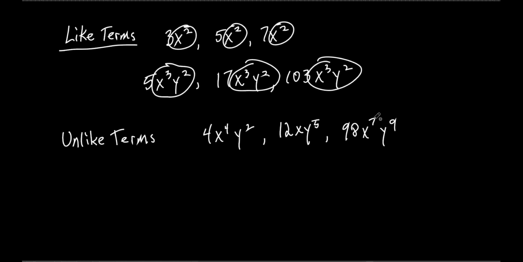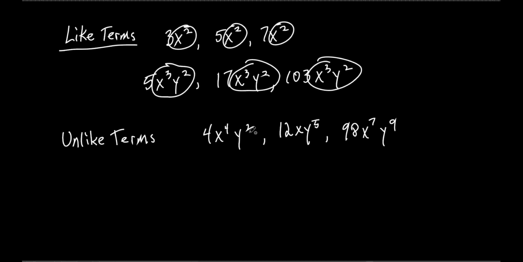They are unlike terms. If your exponents are different, then you're going to have unlike terms. Everybody with me? The 4, the 12, and the 98, does that make any difference whether they're like terms or unlike terms? No, it doesn't. But right away, x to the 4th, x to the 7th, those are unlike terms. If my y's were exactly the same, these three would still be unlike terms.